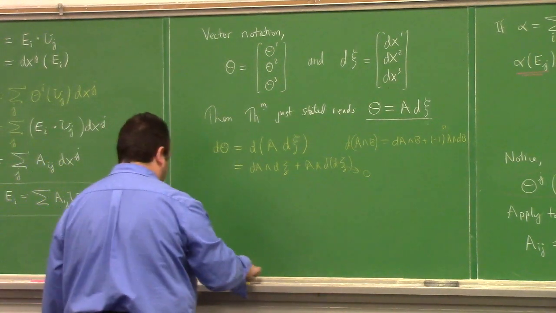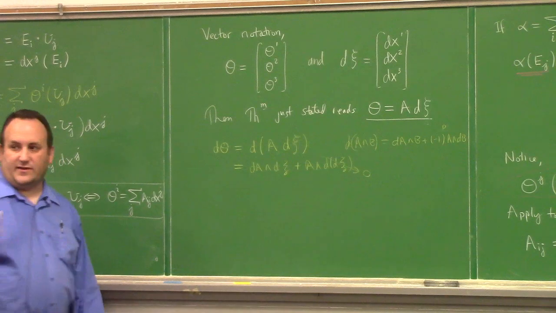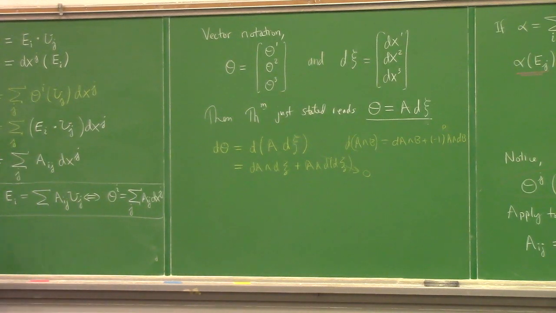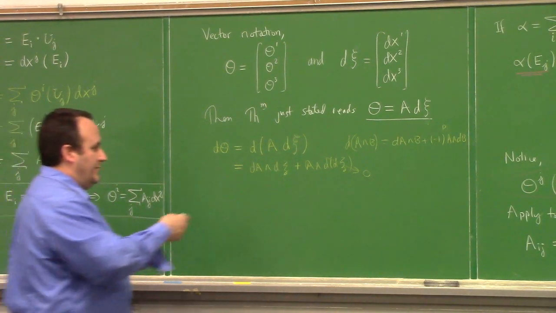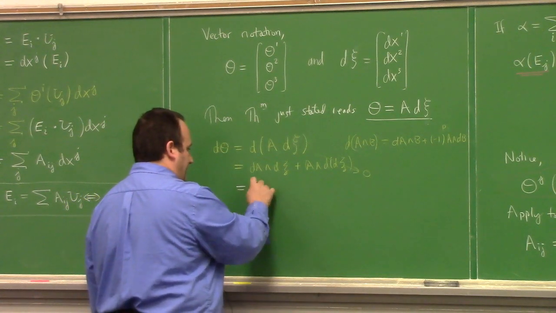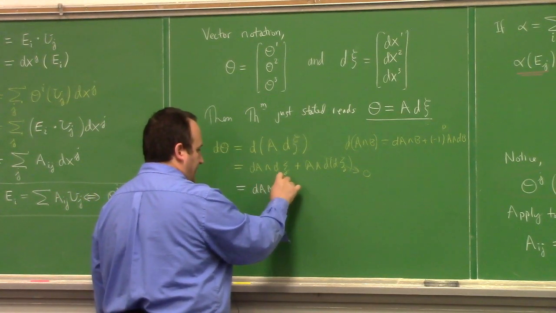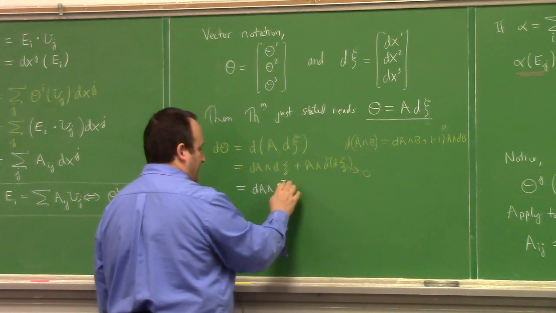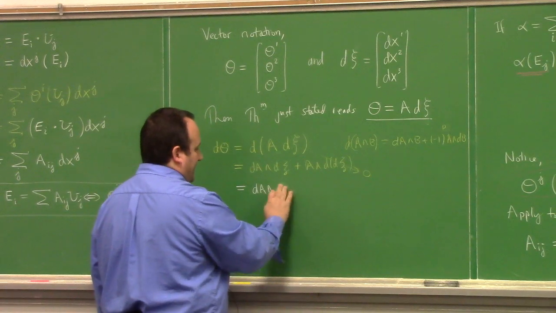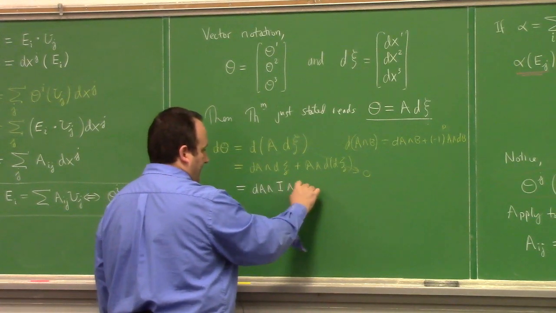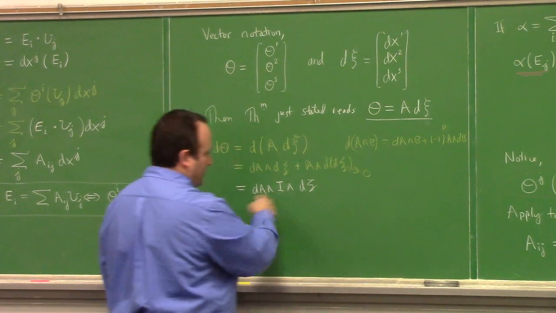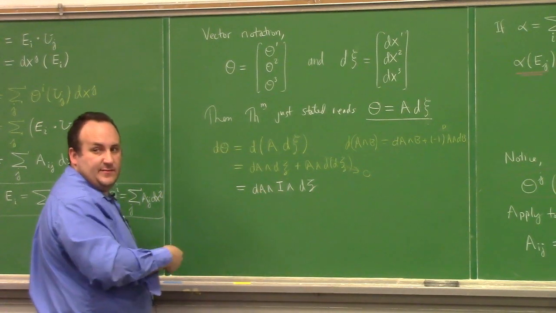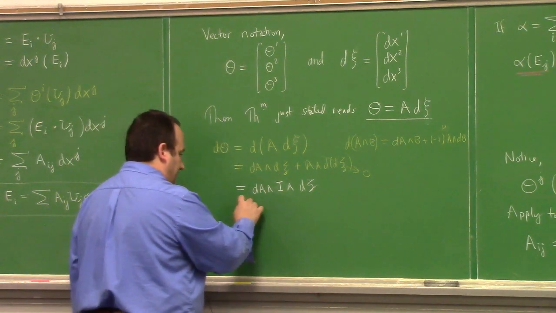And then at this point, you do something kind of tricky. Remember, we remembered at the start of this talk that omega was dA wedge A transpose. So I want to rewrite this as dA wedge A transpose, and put another A in here. I can insert a factor of I, the identity matrix. You can wedge with an identity matrix, it doesn't change anything. That's a lemma.